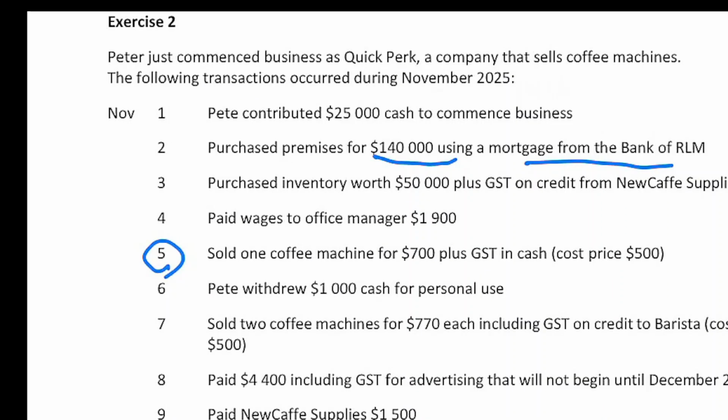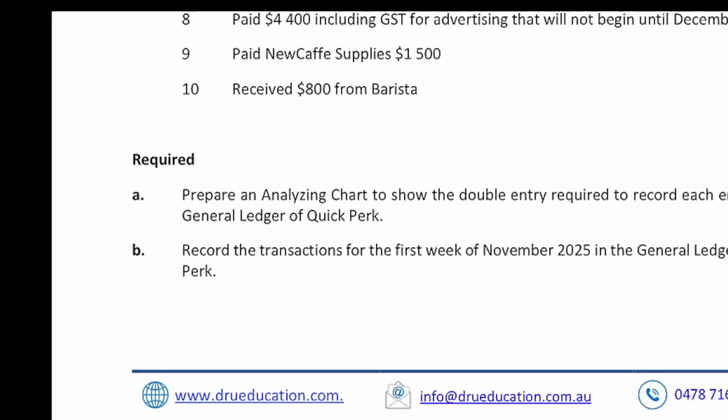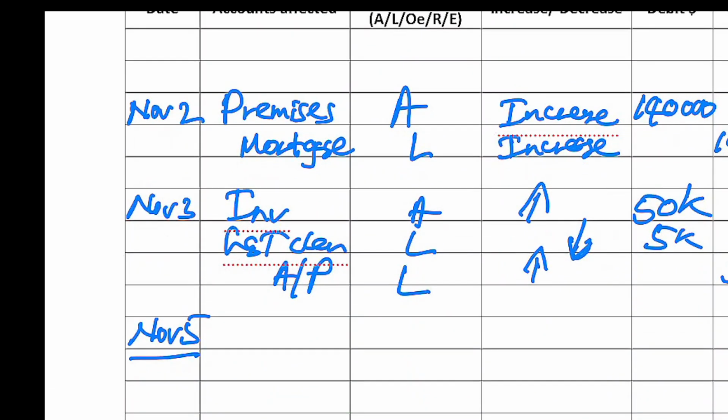Now, how much are you selling it for? 700. Selling price or cost price? Selling price 700. What is the double entry firstly for the 700? You would say bank. Why bank? Because we are receiving money.